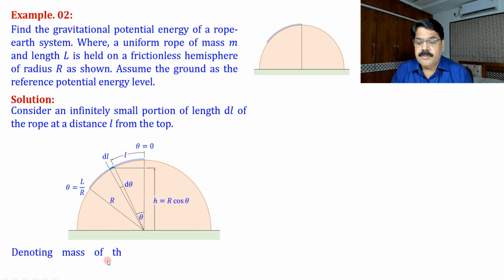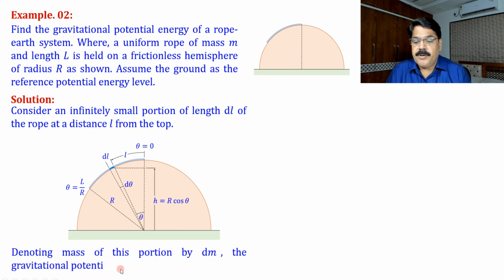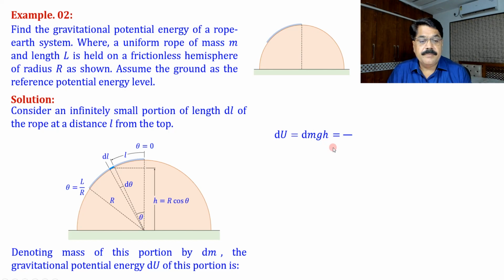So denoting the mass of this portion by dm, the gravitational potential energy dU of this portion is dU equal to dm g h. Substitute dm equal to M by capital L into dl, and g, and h is r cos theta.